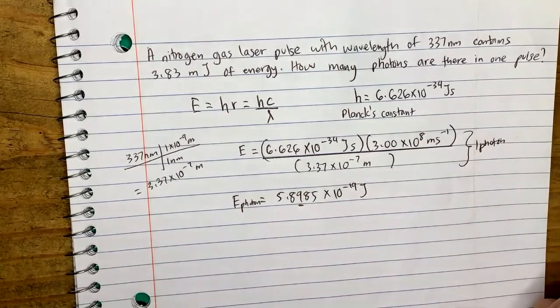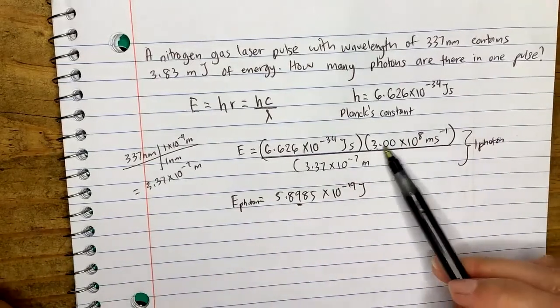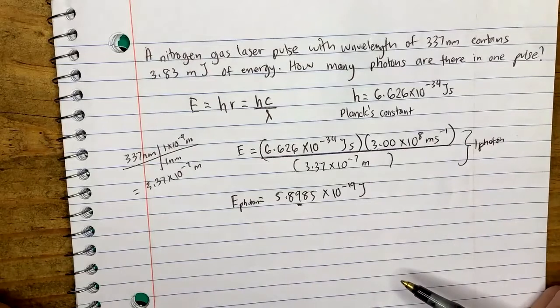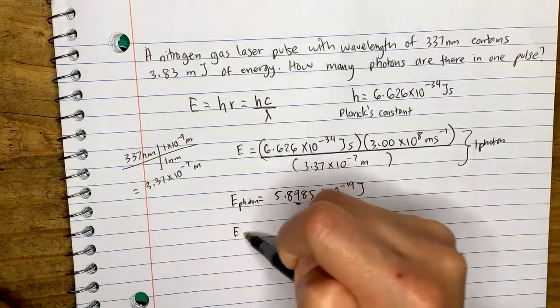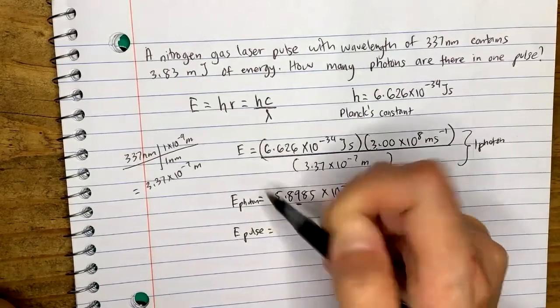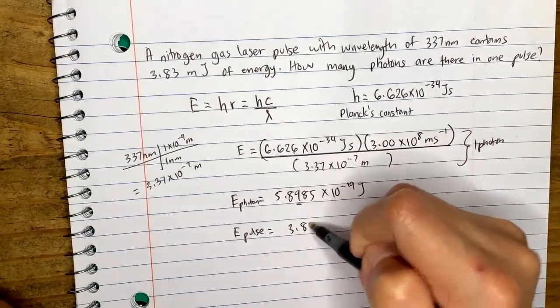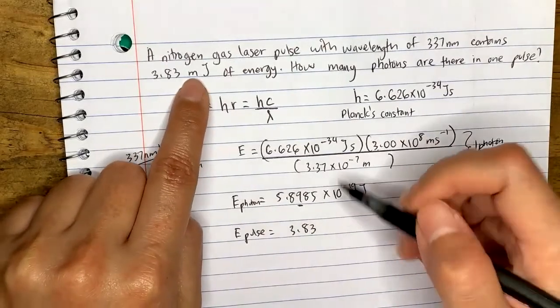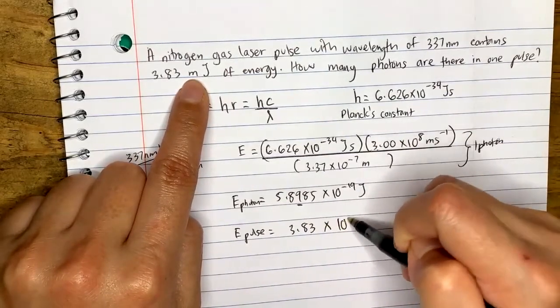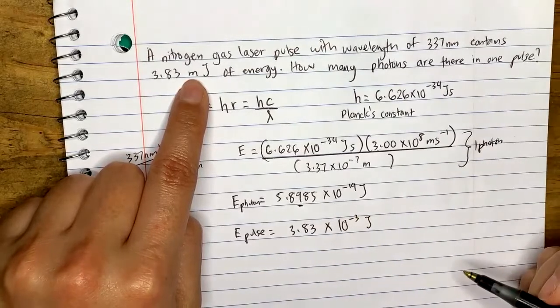I'm just going to underline the third one because I'm limited by 3 sig figs here. And then the energy of each pulse, given in our question, is 3.83 millijoules, right? So I'm going to go ahead and turn this milli into joules. So this milli is 10 to the minus 3 joules, okay?